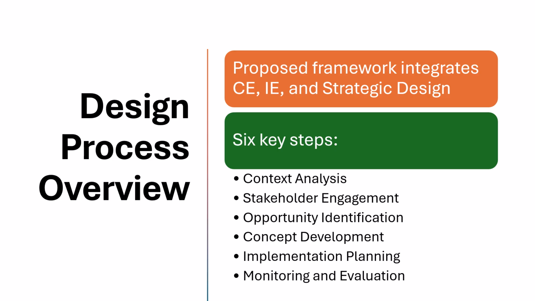The concept development, what is the concept towards the end of the day, what do you want to happen, that must also be clearly designed. Implementation planning, how you implement the plan, and also monitoring and evaluation at the end of the day. So these six key steps must be very clear in order for you to have the framework to integrate CE, IE, and also the strategic design.